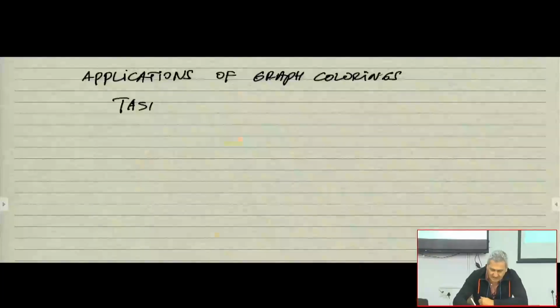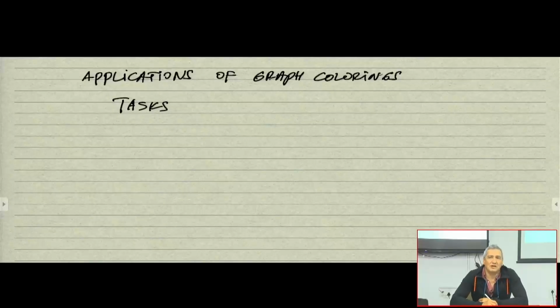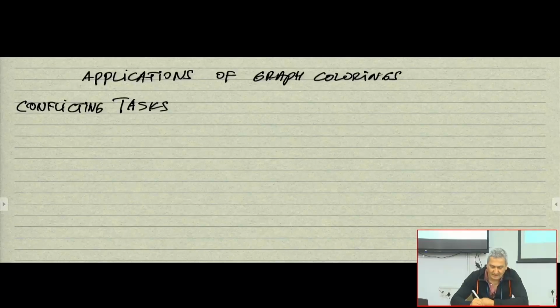Okay, I was asked to give some applications of graph colorings. Personally, I never worked on applications of graph colorings, but I had a look on the internet, and mainly the applications are of this type. We have some tasks, and they are usually conflicting tasks. Some of them are in conflict, some of them are not. Conflicting, in parentheses, and we have resources.